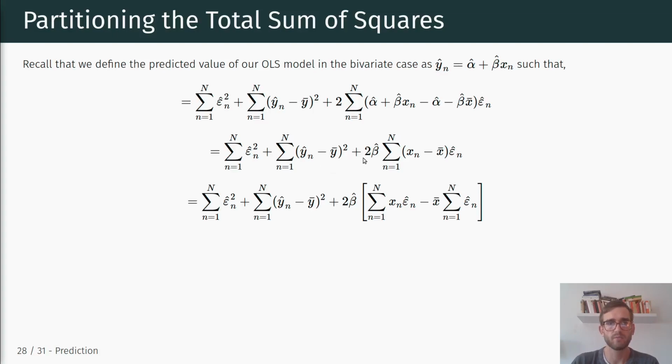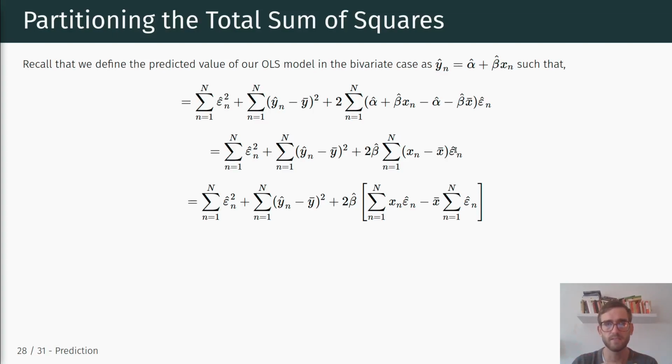And now we can rearrange this a little bit further. We can multiply out this product xn minus x bar times epsilon hat n, and then separate those sums. What we're left with is the sum from n equals 1 through n of xn times epsilon hat n minus, and the x bar doesn't have an indicator, it's constant across n, right?